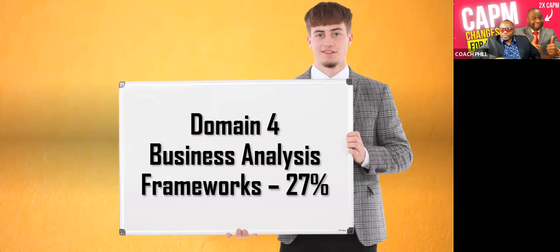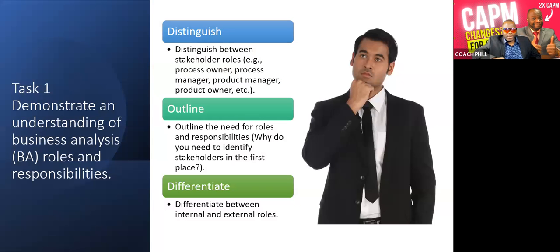All right, Domain 4, Business Analysis Frameworks, 27% of this new exam. Task 1, demonstrate that you understand business analysis and the roles and responsibilities that a BA would play. So distinguish between what the stakeholder does, the process owner, process manager, product manager, and so on.